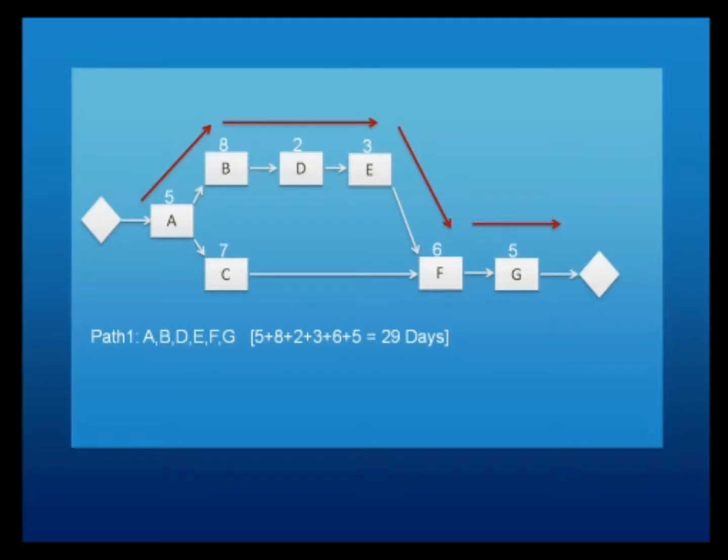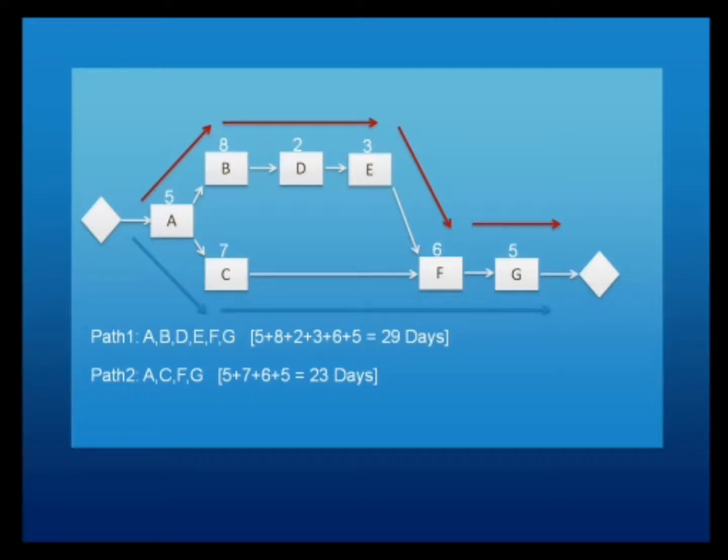Then the second path we have is A, C, F and G. So that is the second path we have, and the duration of this path is 23 days. Again, based on the definition, the critical path is the longest path in the network diagram in terms of duration, not in terms of number of activities.